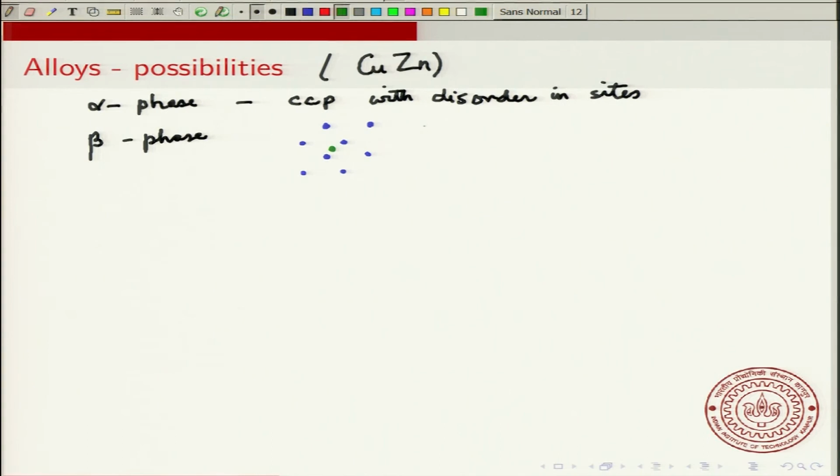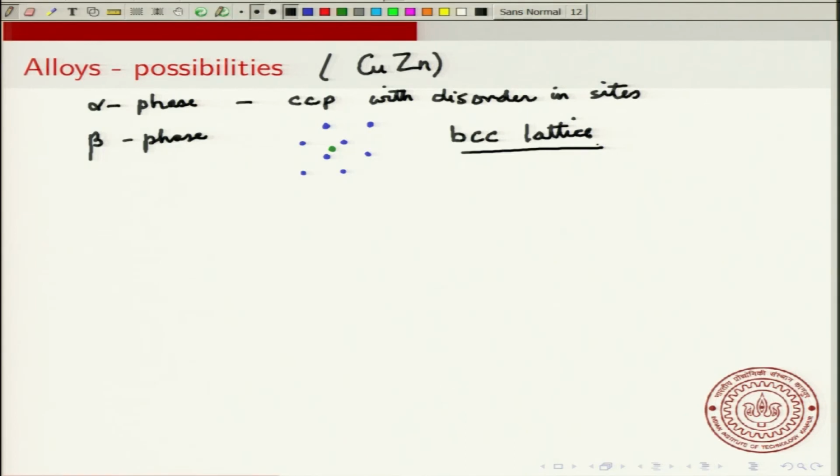This is body centered, like a BCC lattice, and you can have one or the other. So instead of having an FCC lattice, you have a BCC lattice, with each site being either copper or zinc.